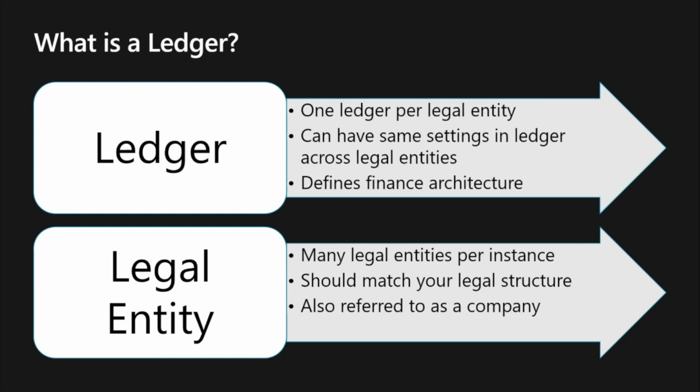When you are planning and creating your legal entities in Dynamics 365, it is important to note that we strongly recommend that the legal entities you configure in the system should match your organization's legal structure. In larger organizations, you are likely to have additional companies that are not used for transactions and only used for consolidations and eliminations.